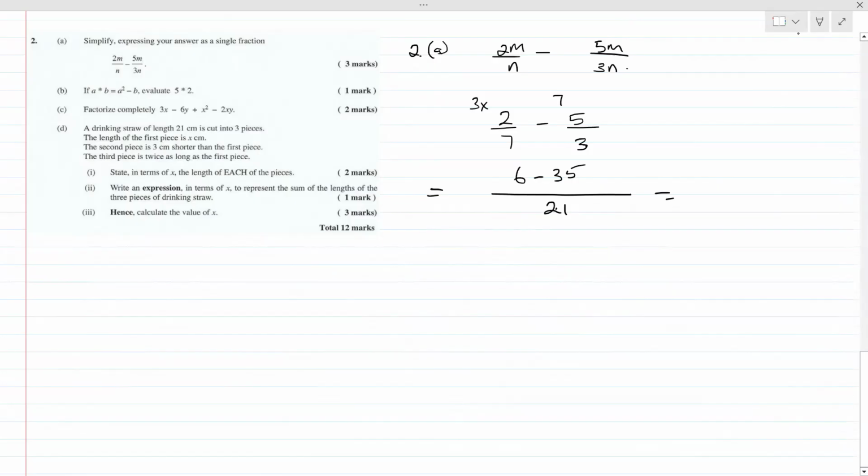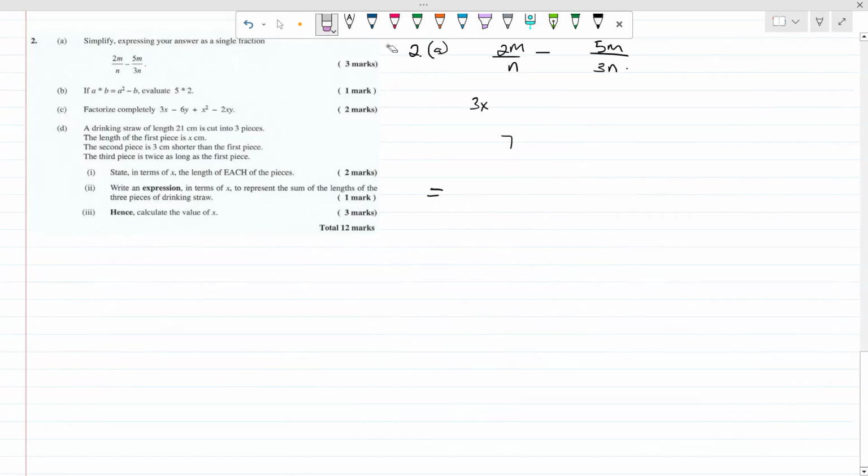Everybody agree with that? Yes, good. Nice. Now, can we not do the same thing with this? We could do the same thing with this. Now, don't let the letters confuse you. For 7 and 3, the lowest common multiple is 21.